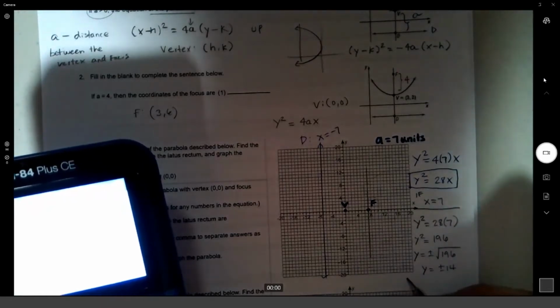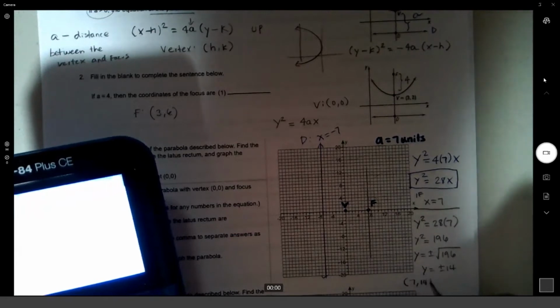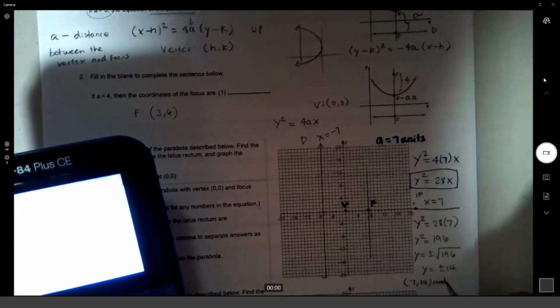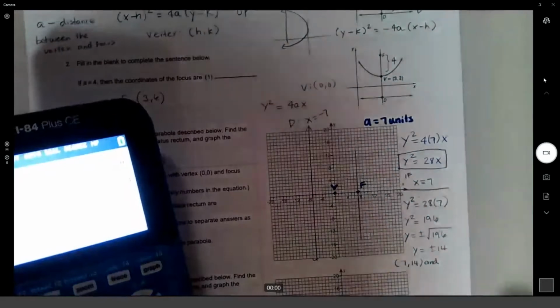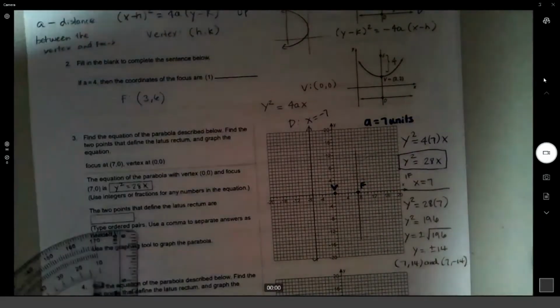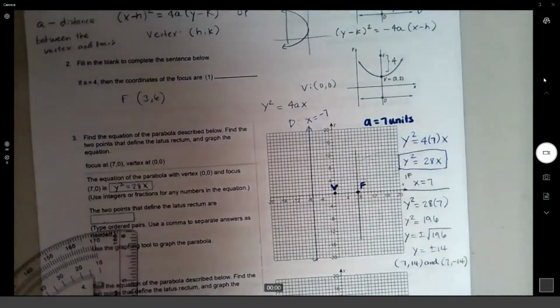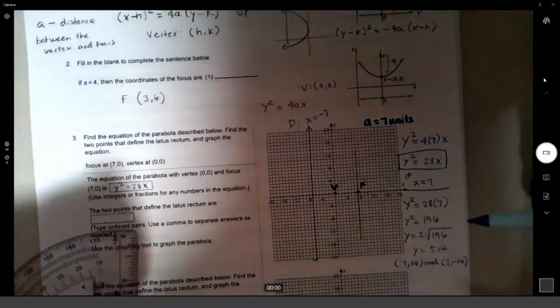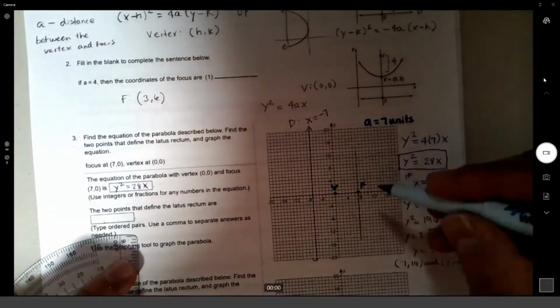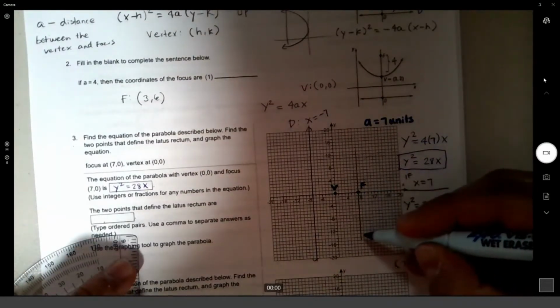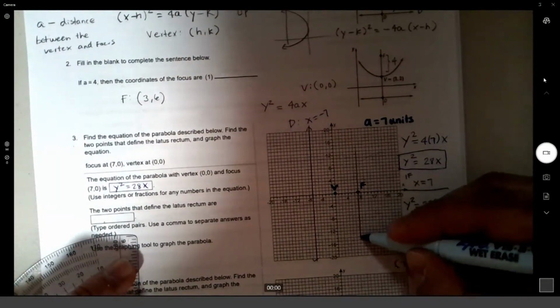So what happens is that we get 2 points. Those points will be 7, 14, and 7, -14. Those will be the 2 points that will make up the latus rectum. So 7, 14, I think is here.